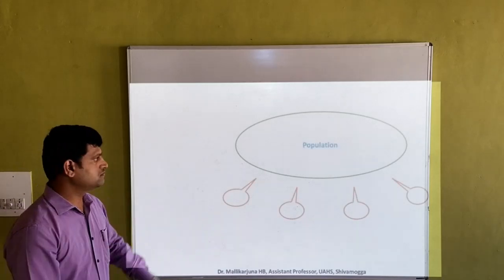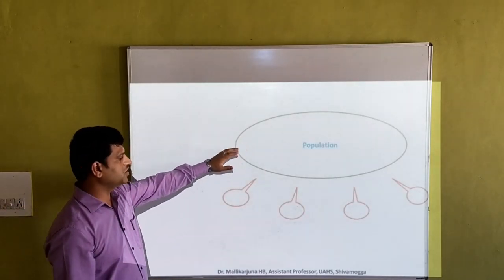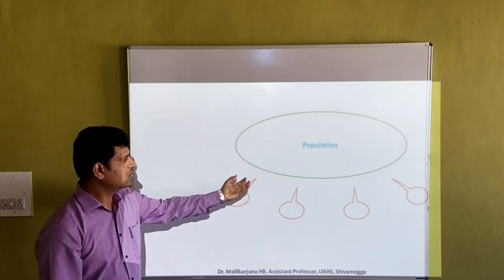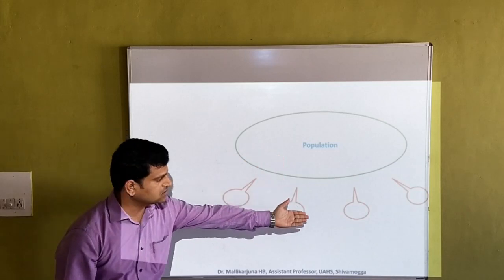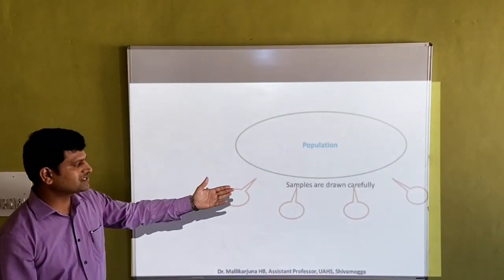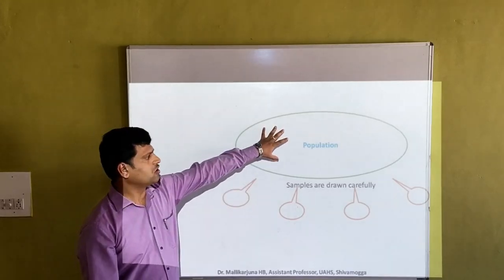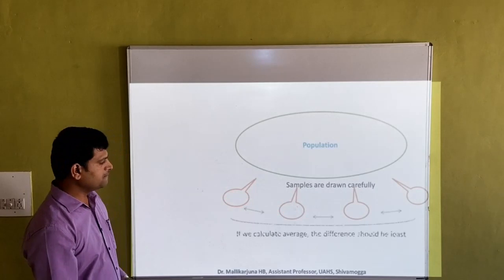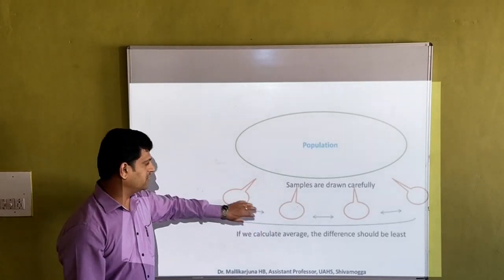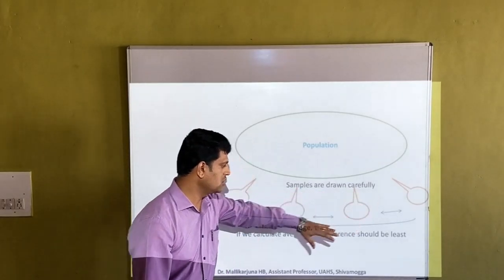Consider a population, like a set of observations. From this population we can draw samples: one sample, then from the same population another sample, and another. There are 4 samples, carefully drawn. Randomly we have selected, say, 10 observations out of 1000. Later we calculate the average for each sample.